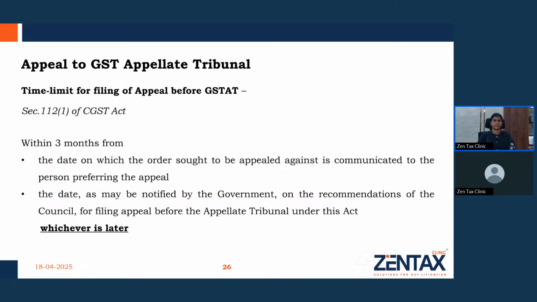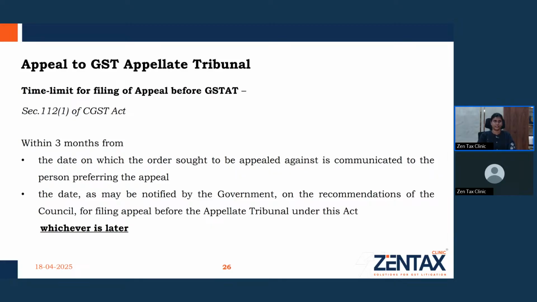Now we will see what are all the procedures involved in filing an appeal to the GST appellate authority. Once the order is passed by the adjudicating authority, the next stage of appeal will be to the appellate authority. The time limit for filing the appeal before the GST Appellate Authority is given in section 112 subsection 1.